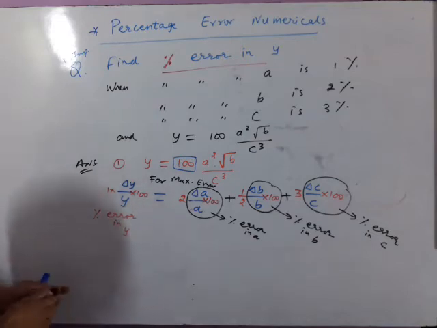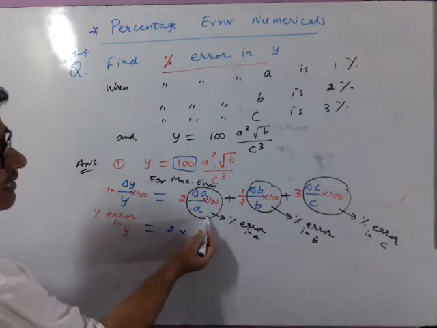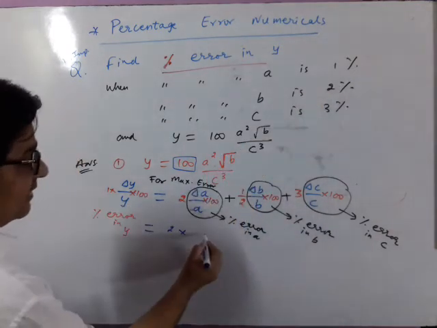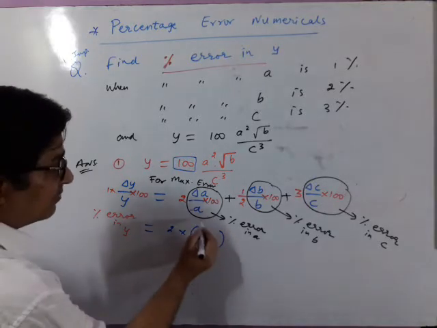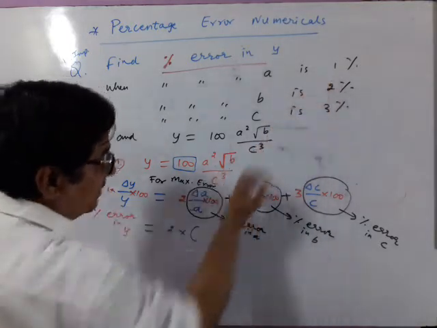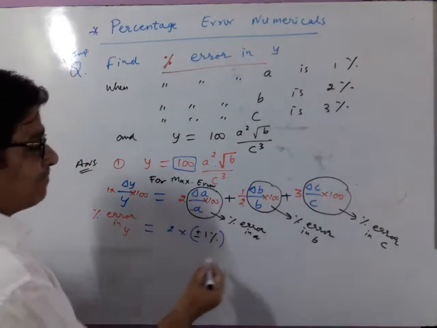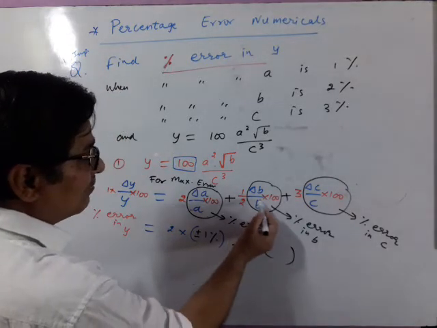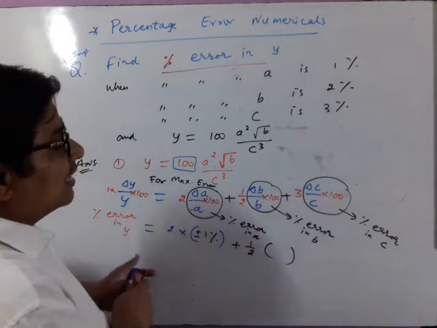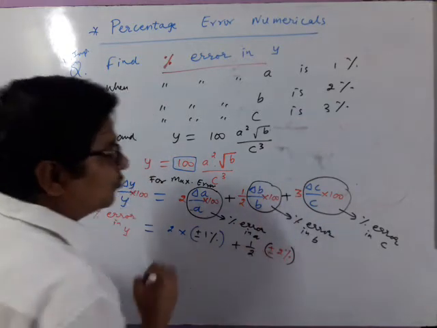Now how to solve? Put in the values. 2 into percentage error in A, given to us as 1%. Errors are written with a plus minus sign, so plus minus 1%. Then plus half of percentage error in B. You are given percentage error in B is 2%, so plus minus 2%.